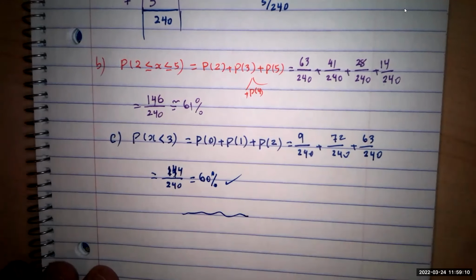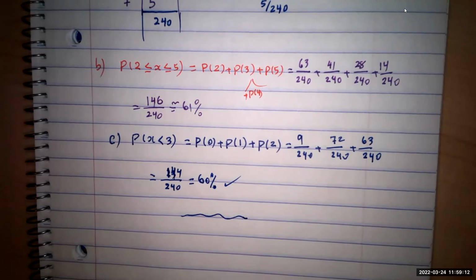Okay, so that gives you an idea of how we take care of these types of problems to get these numbers. Okay, any question? So these are the collection of the problems on the discrete probability distribution that we talked about.